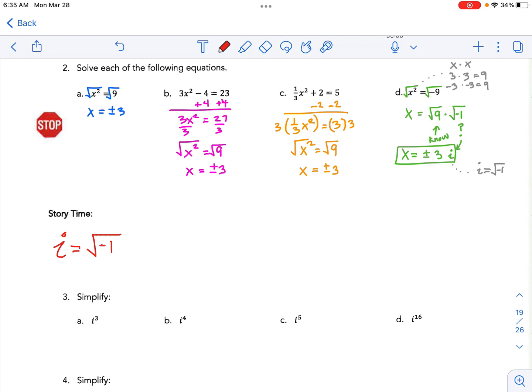Well, what happens if I take i and square it? Well, that means I'm taking the square root of -1 and squaring it. And that means that the radical disappears, so it must be -1.